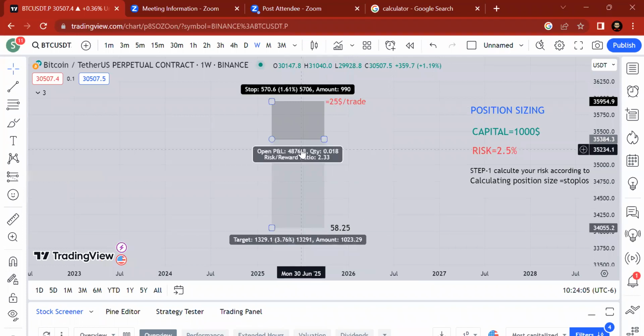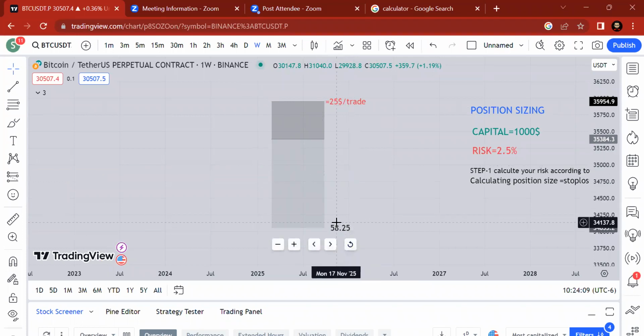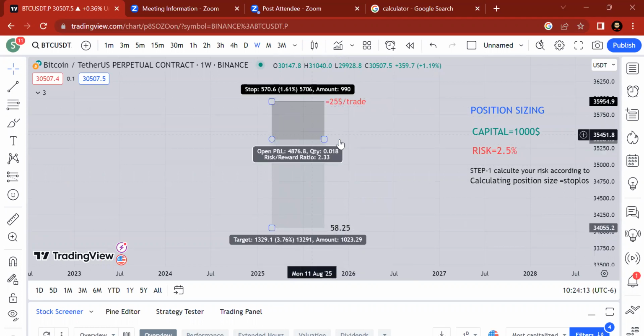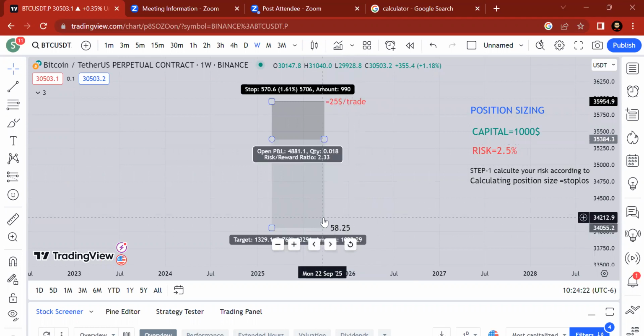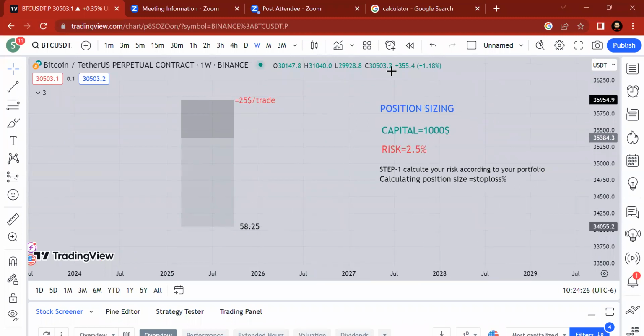That is the first thing, and how much RR it is, 2.33R, and how much you will get. That is how this works. It gives you the risk amount, and it gives you the reward amount already before entering any trade. So this is how position sizing works.